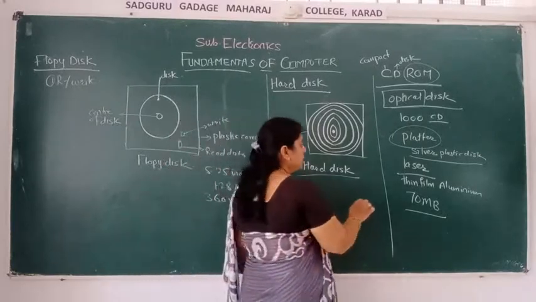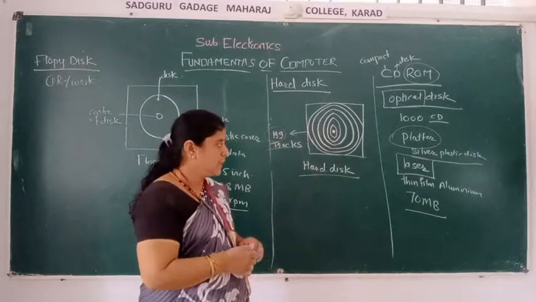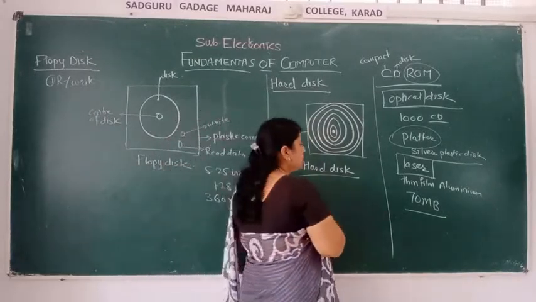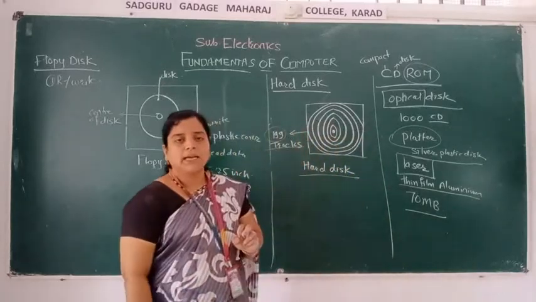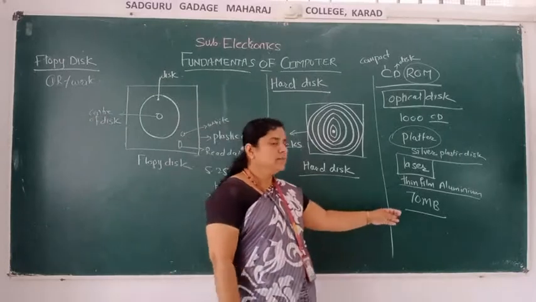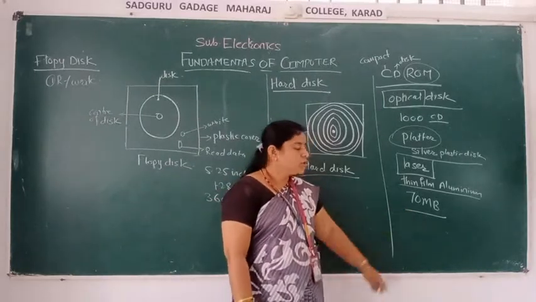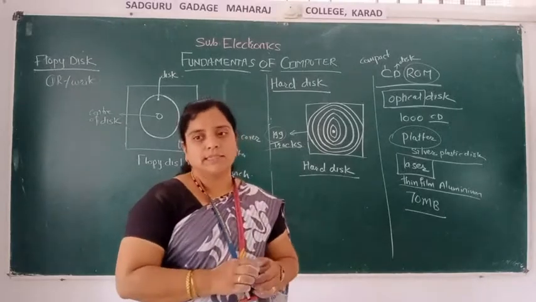Using the laser technique we can store the data. The laser layer is covered with a thin film of aluminum, and the data it stores is about 70 megabyte. So this much data you can store or save in the CD drive.